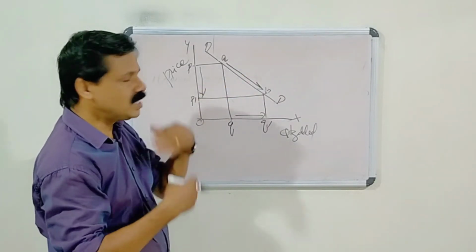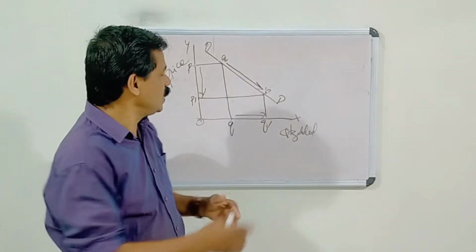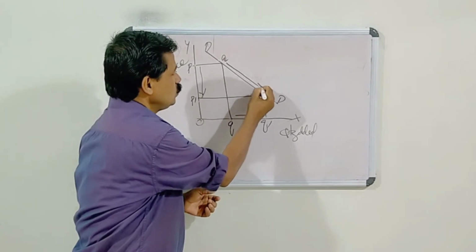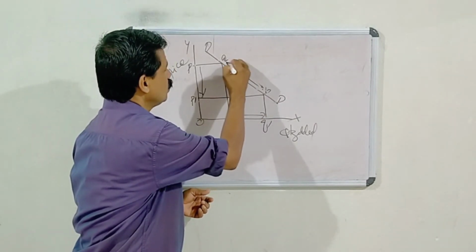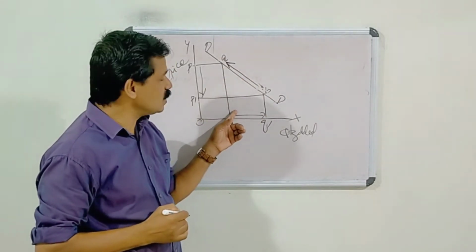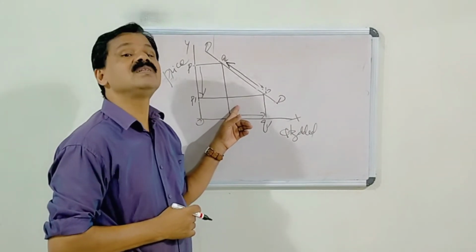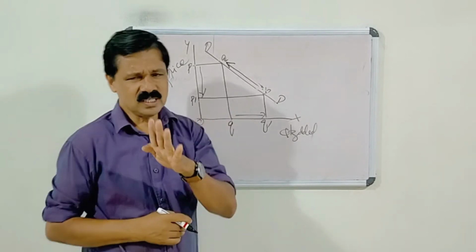On the other hand, suppose this is the case of contraction of demand, that is movement along the demand curve due to rising level of prices. Very simple.